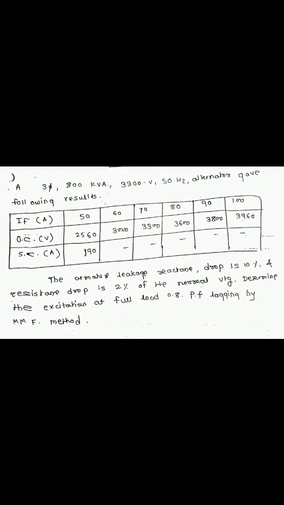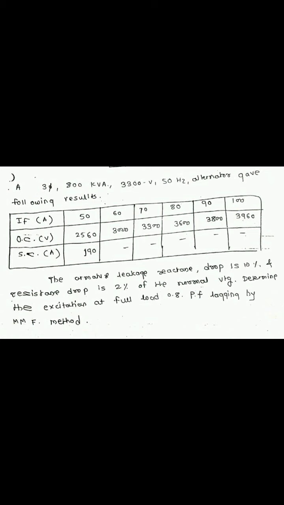Okay, so we'll start the second problem of the MMF method. This was asked in the 2018 examination. A three-phase 800 kVA, 3300 volt, 50 hertz alternator gave the following results. Again, the results are field current, open circuit voltage and short circuit current.